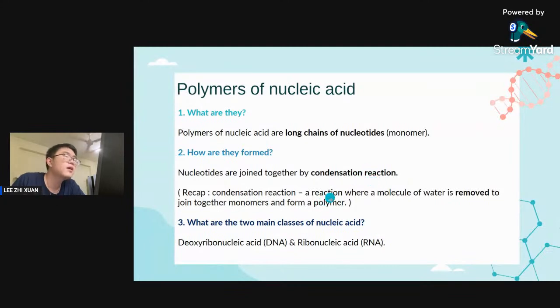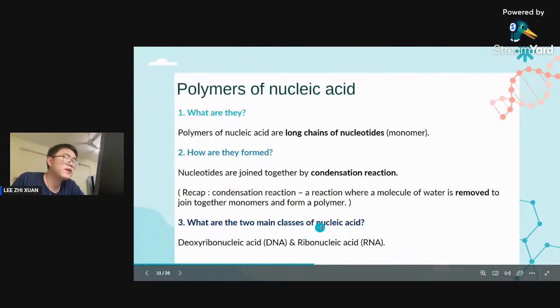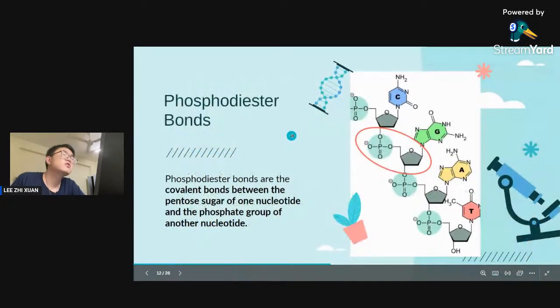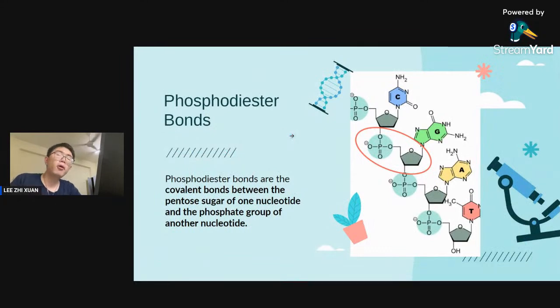It is the same process. What are the two main classes of nucleic acid? DNA and RNA. The bond between the nucleotides is called a phosphodiester bond. This is the specific name of the bond between nucleotides.